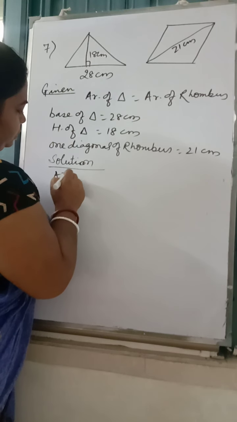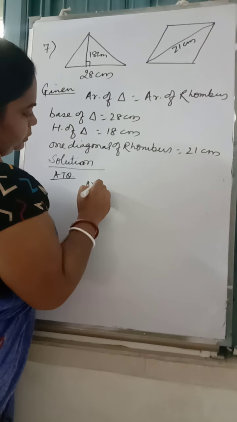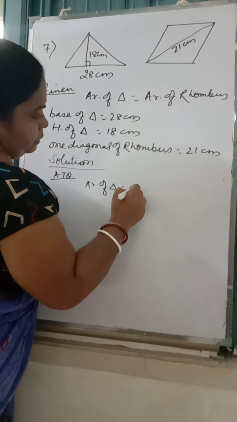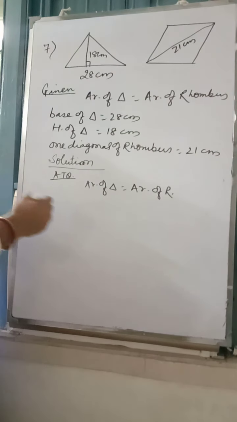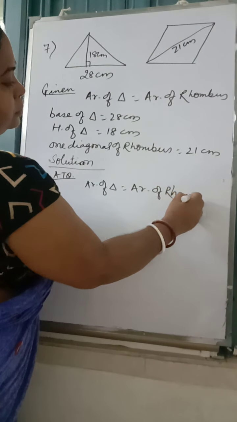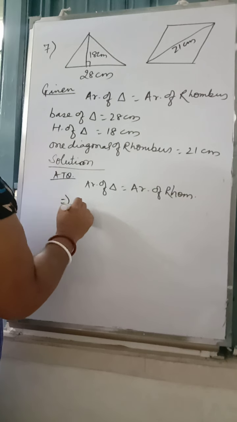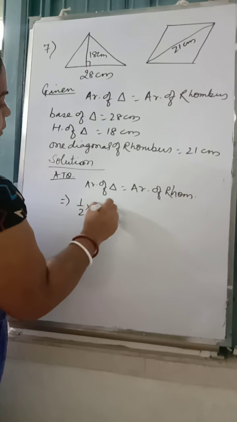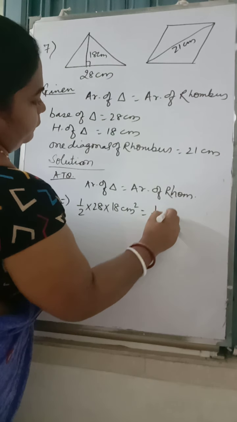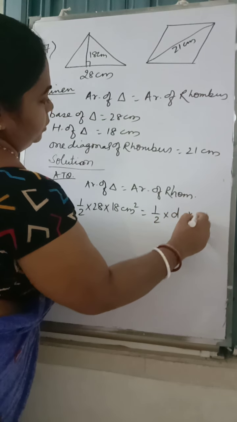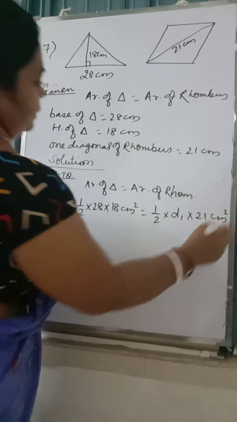According to the question, area of triangle is equal to area of rhombus. So we can write half into base into height is equal to half into d1 into 21 centimeter square.